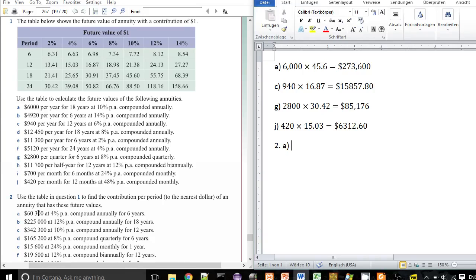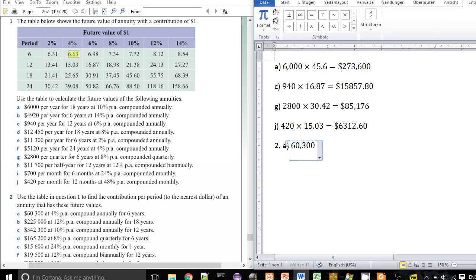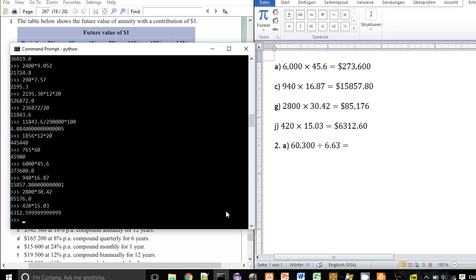So we're aiming for $60,300. How much do I need to put in per year for 6 years if it's that? So we still use the same thing, 6 years and 4%, so 6.63. But I'm just going to start with the number 6,300 and divide by 6.63. Okay, let's see what number we get.